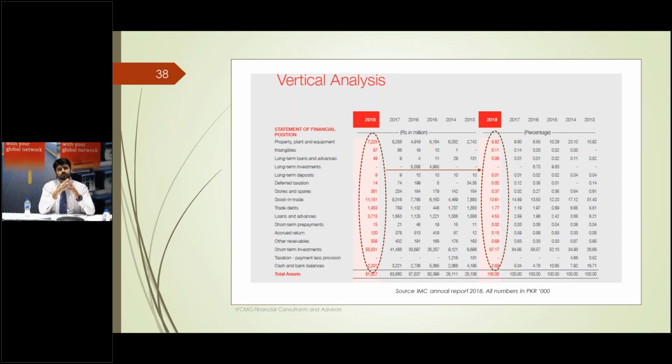As you can see, our composition of assets in 2018, out of 81 billion, we have 55 billion, that is 67%, in short-term investments, and then a further 11 billion in inventory. So around 80% of our funds are stuck up in just two areas.